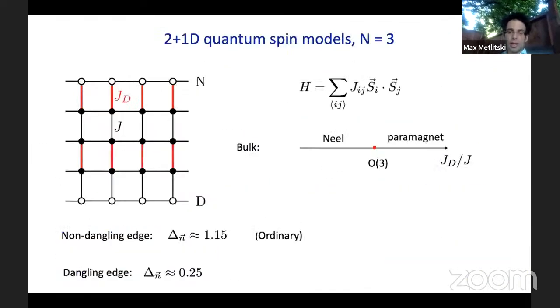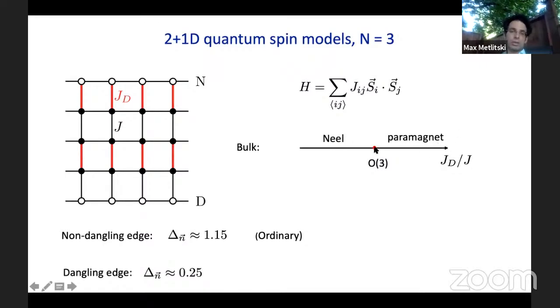In particular, the initial models that people studied were spin 1/2 models, and for spin 1/2 models, already in the paramagnetic phase you have something interesting going on at the boundary. The spins on the red bonds are locked into singlets, but you have dangling spin 1/2s along this edge, and we know that the spin 1/2 chain in 1D, the Heisenberg chain, is gapless, described by the SU2 level 1 conformal field theory. So you already have a gapless edge here in the paramagnetic phase.